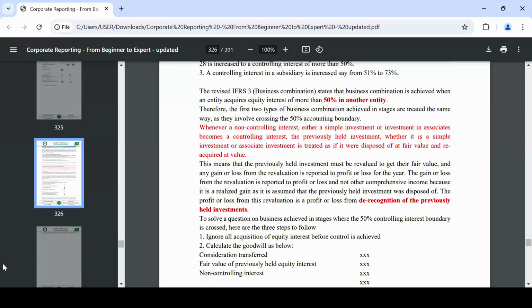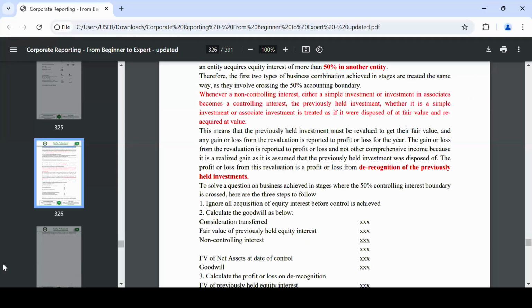Goodwill is the fair value of the purchase consideration plus NCI, minus the net assets acquired. What you have is the resultant goodwill on consolidation.